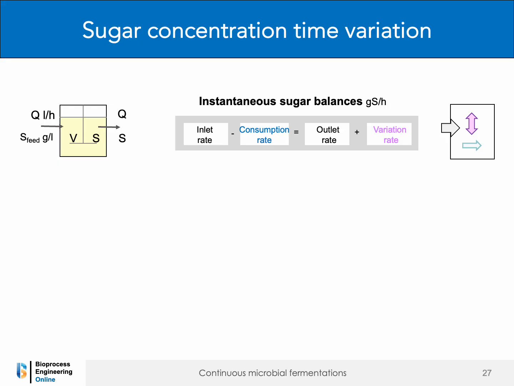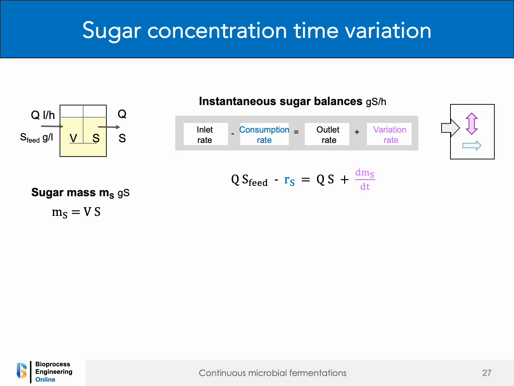Sugar is continuously supplied to the fermenter with the inlet medium at a concentration S feed, while the residual sugar at concentration S is continuously removed with the outlet stream at the same volumetric flow rate Q. The instantaneous sugar mass balance, expressed in grams of sugar per hour, can therefore be written as sugar inlet rate Q S feed minus sugar consumption rate Rs in the fermenter equals sugar outlet rate QS plus variation rate of the internal sugar mass dMs over dt.